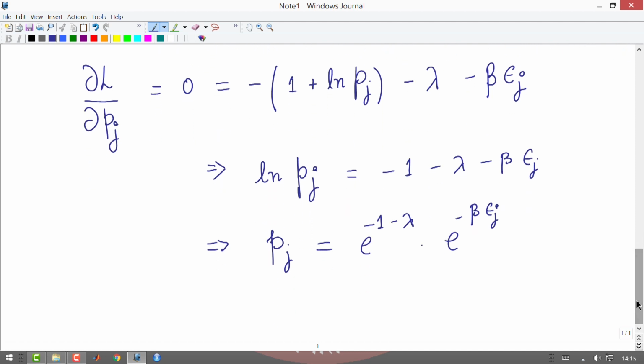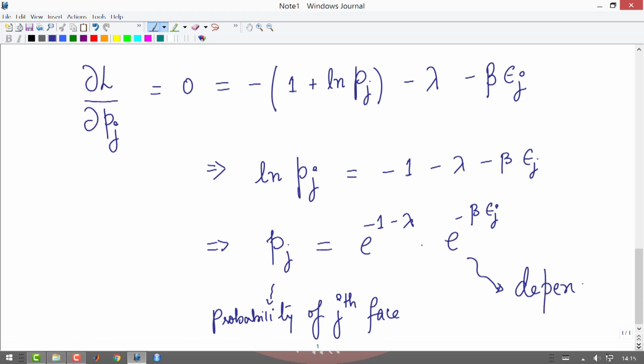Now, look at the right hand side. This time the probability of the jth phase is dependent on j. Okay. Now, you can see it depends on j, because there is a term E j, which is in some sense the value of the phase j.